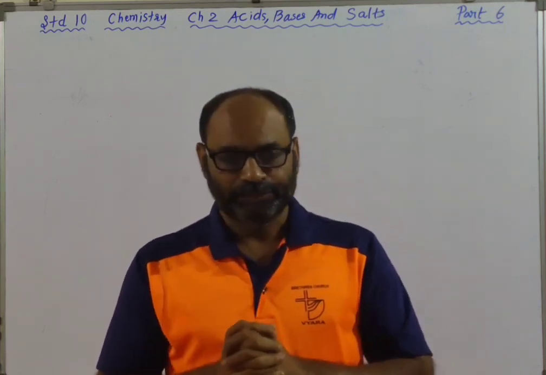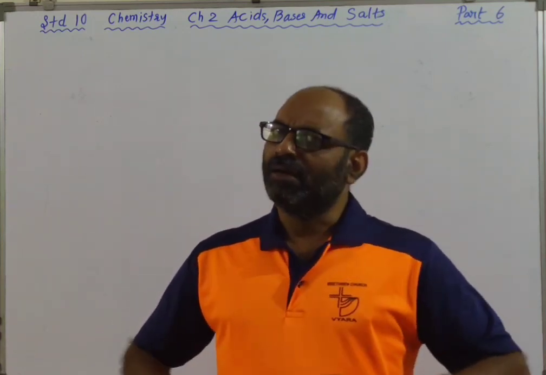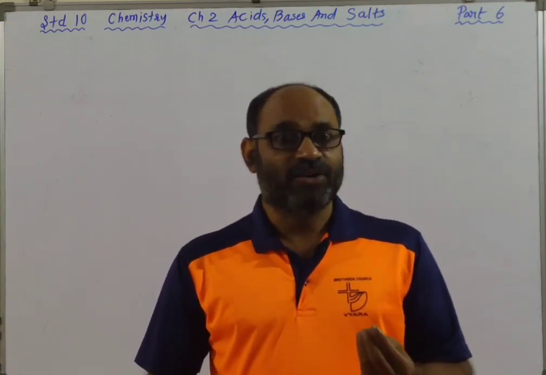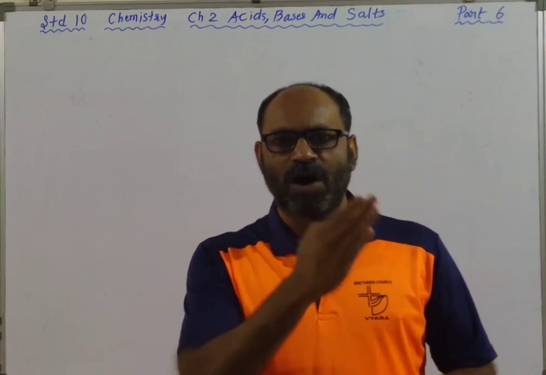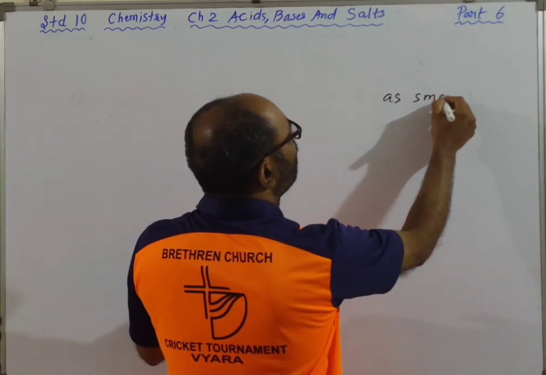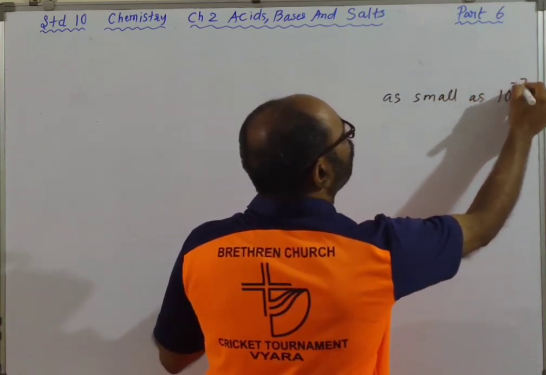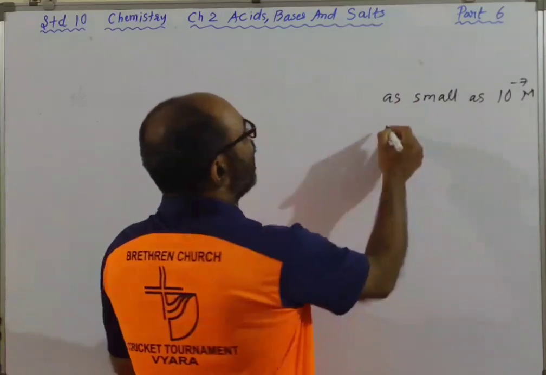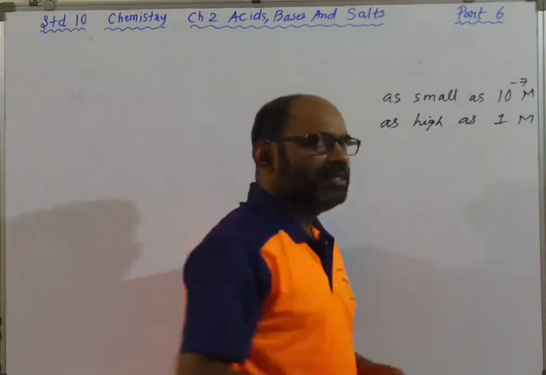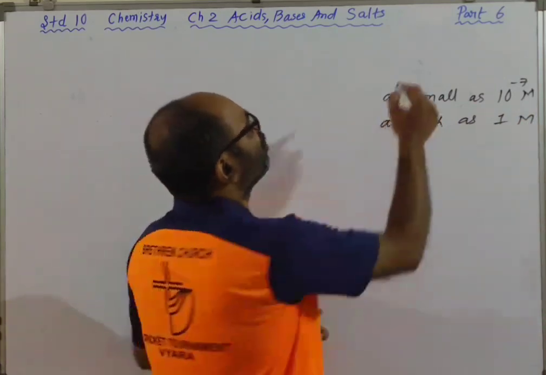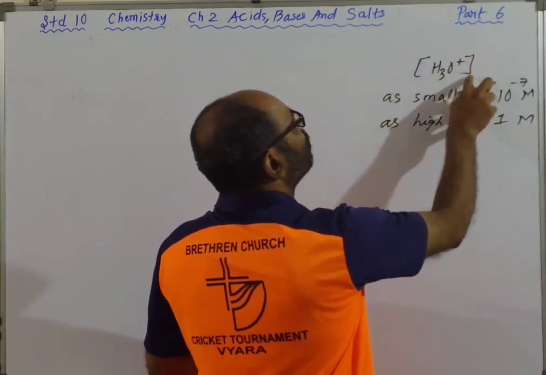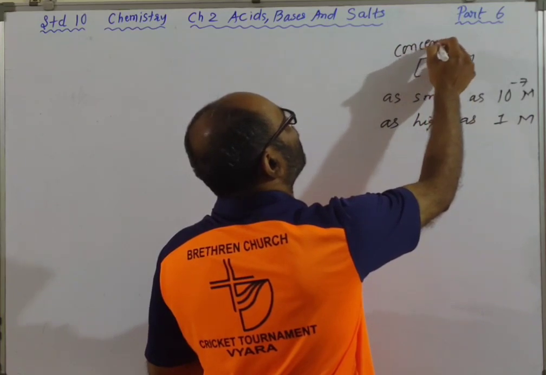Alright. Now see. Again, in any solution, the concentration of hydrogen ion can be as small as 10 raised to minus 7 molar and as high as 1 molar. किसी भी solution में, if you put a square bracket and write H3O+, square bracket represents concentration.